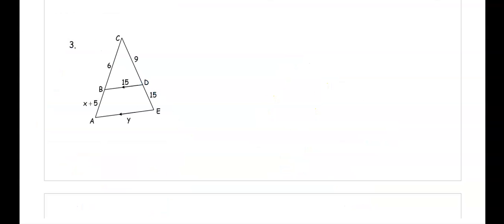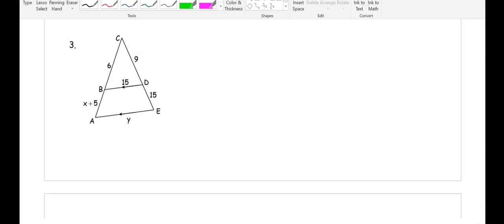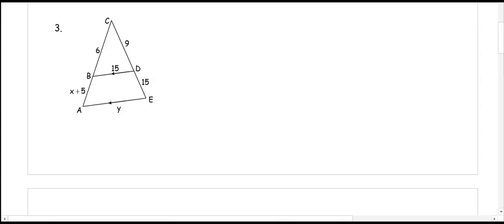So in number 3, we want to find x and y. So again, we have our overlapping triangles. When we're solving for x with the overlapping triangles, we can use side splitter because we have x plus 5 and 6 on the CA side, and on CD we have 9 and 15. It's being split by BD proportionally. So we would have 6 over x plus 5 equals 9 over 15.